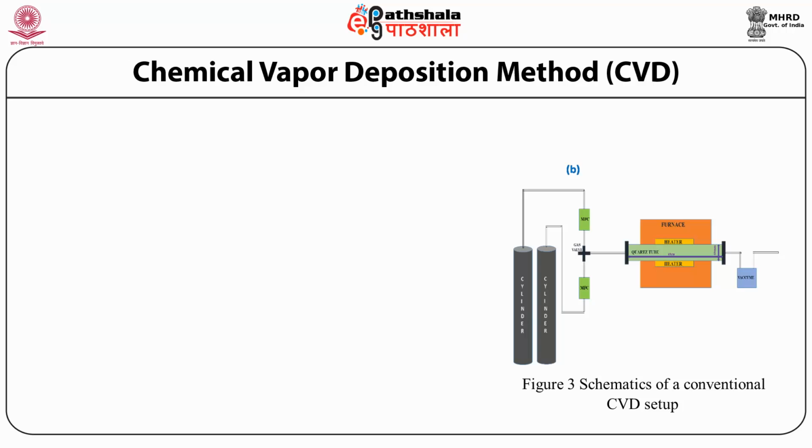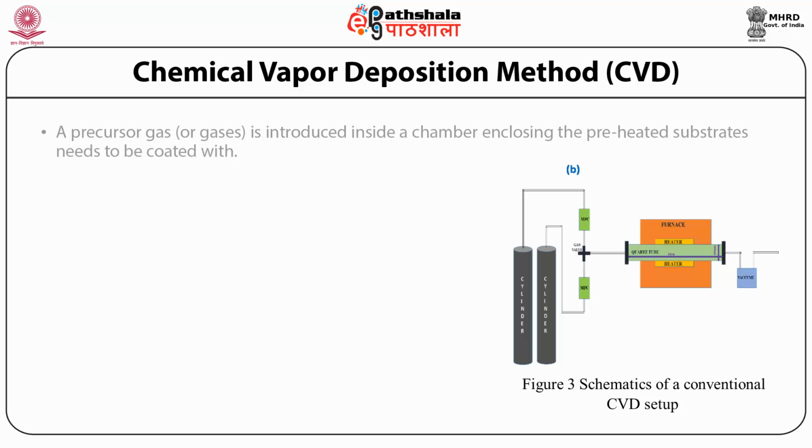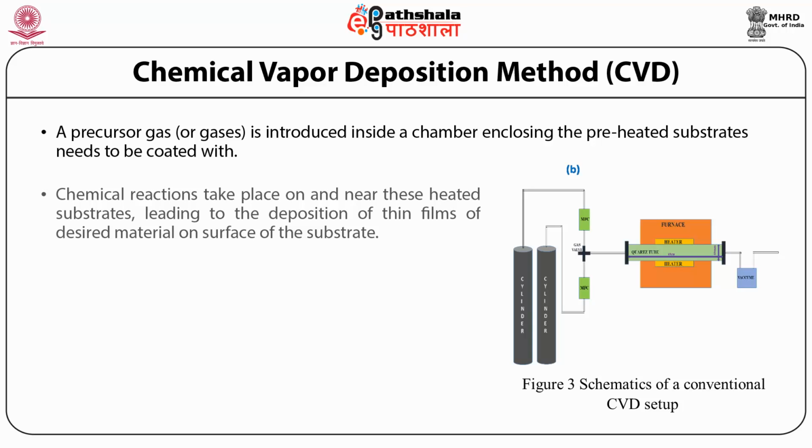more often combined compounds. Conventionally, a precursor gas or gases is introduced inside a chamber, enclosing the preheated substrates that need to be coated. Chemical reactions take place on and near those heated substrates, leading to the deposition of thin films of desired material on the surface of the substrate.